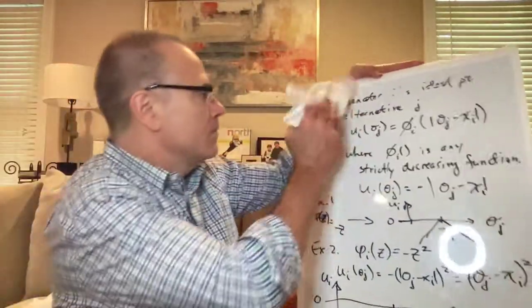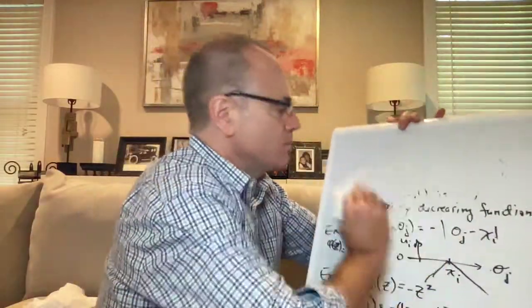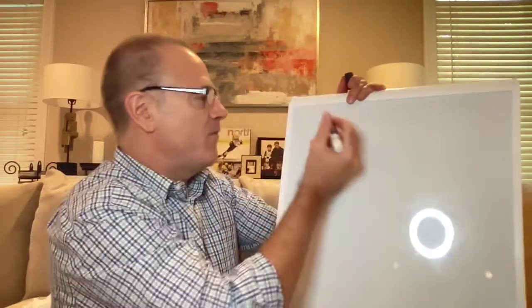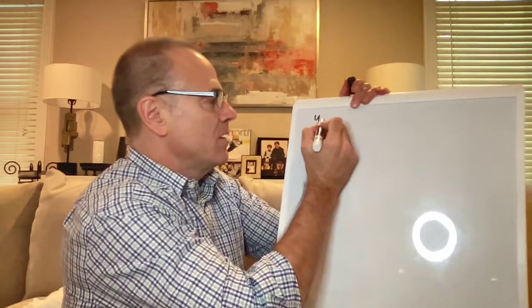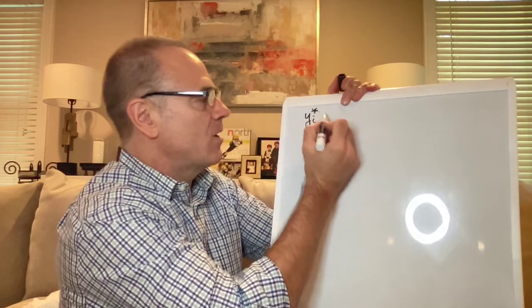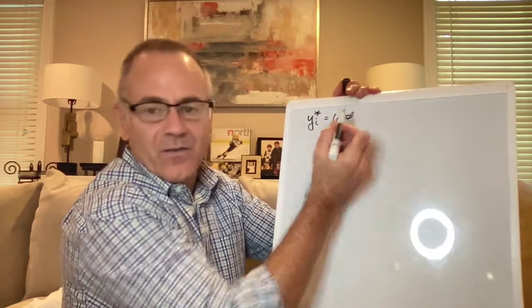The final thing, here's what they're going to do. One thing that's a little bit unorthodox: before, we always had our dependent variable be yi, and we had yi star equals the latent variable.